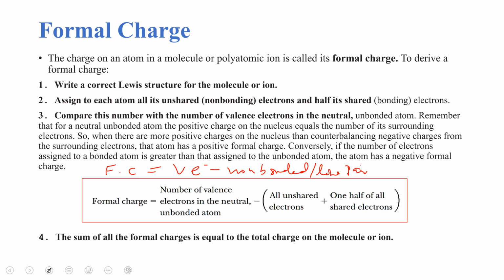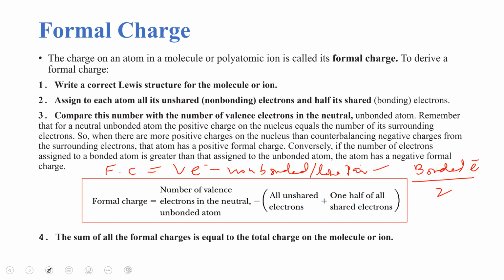For example, you have seen the two lone pairs on an oxygen. Then there is a minus of bonded electrons divided by 2, right? So this is the 1/2 of the electrons.